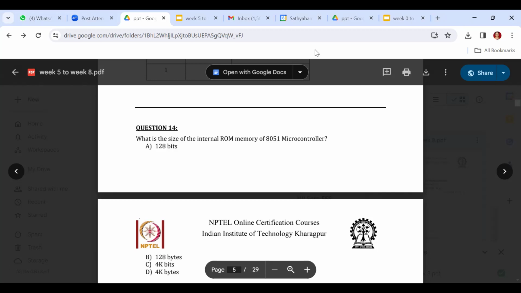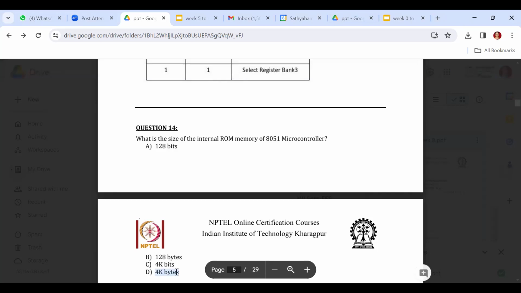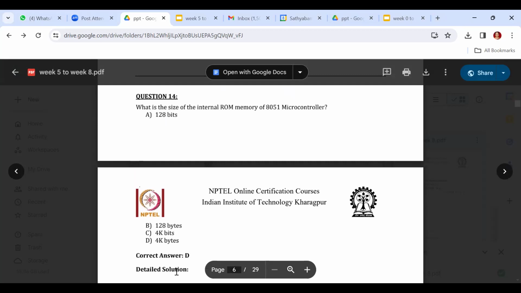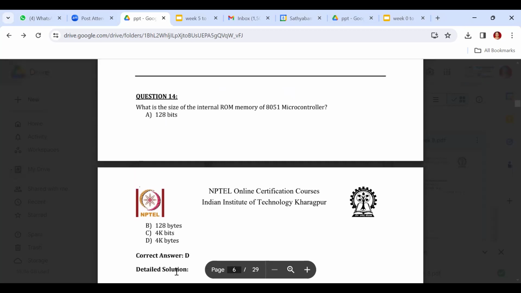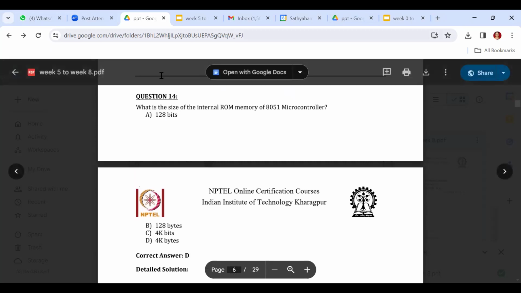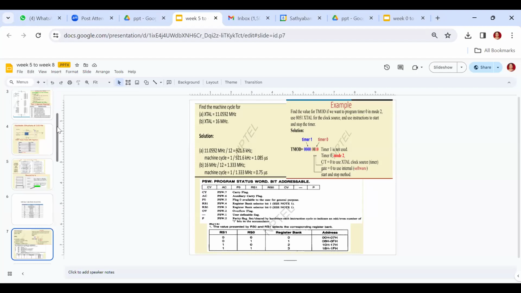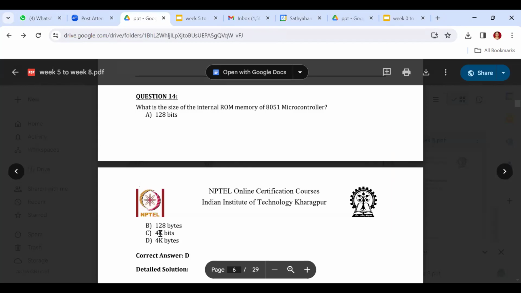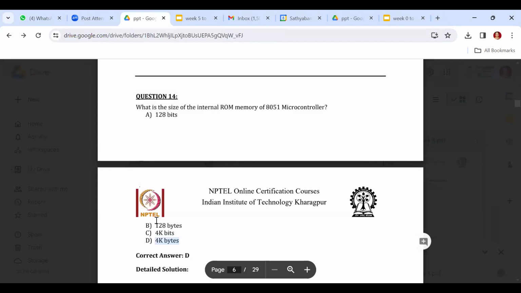We mentioned 4 kilobytes. Okay. What is the RAM capacity? I told this in the first slide. 4 kilobytes ROM, 128 bytes RAM. This is the first point I told.